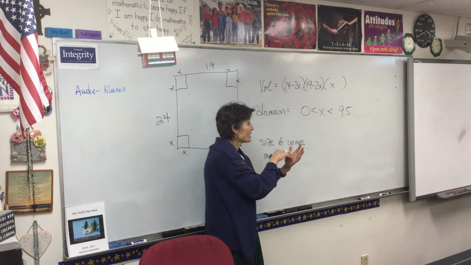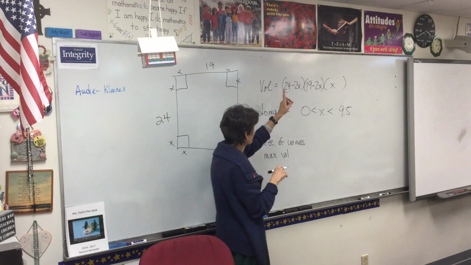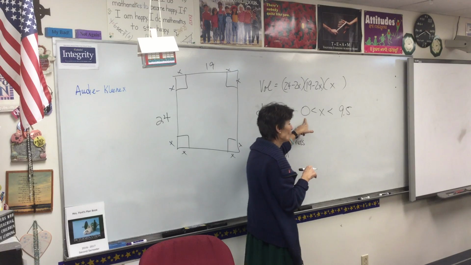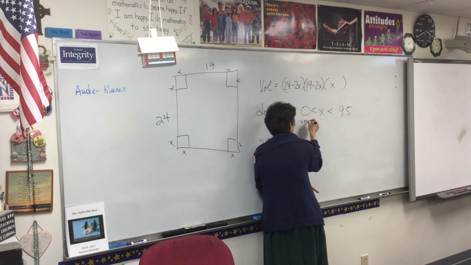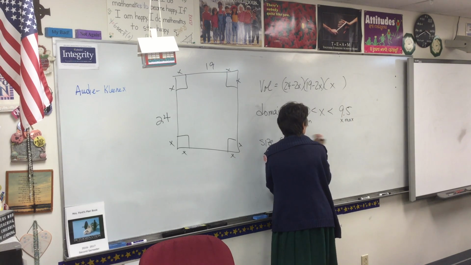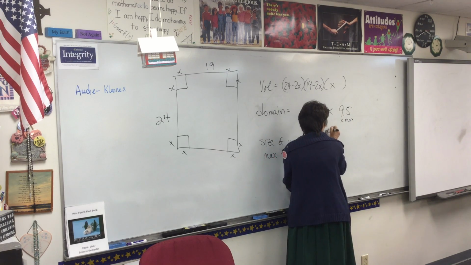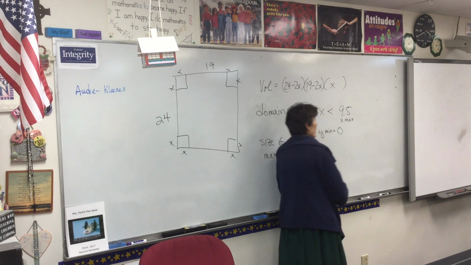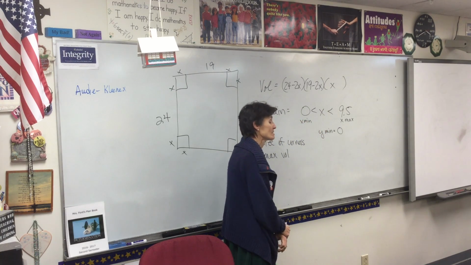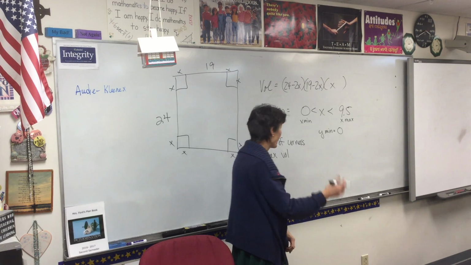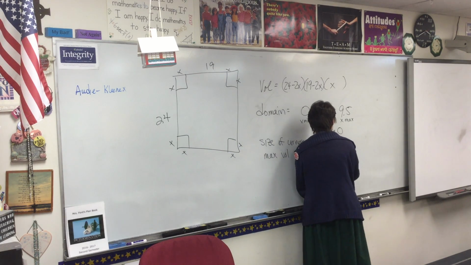So when I go to my calculator to graph that equation, this will be x min, right? This will be x max. What will y min be? Always, y min is 0. And then y max is the one you're going to guess. 1200? I have no idea, so we'll go with 1200.